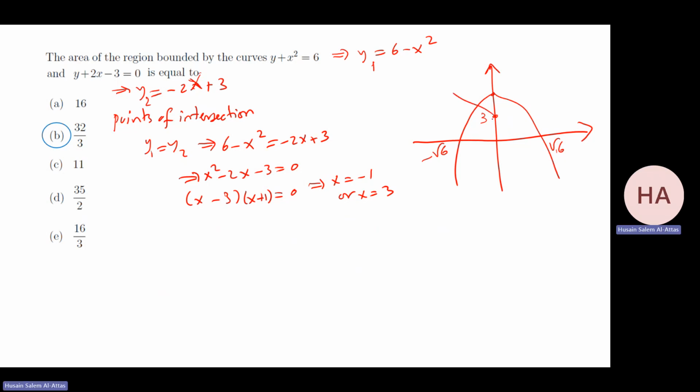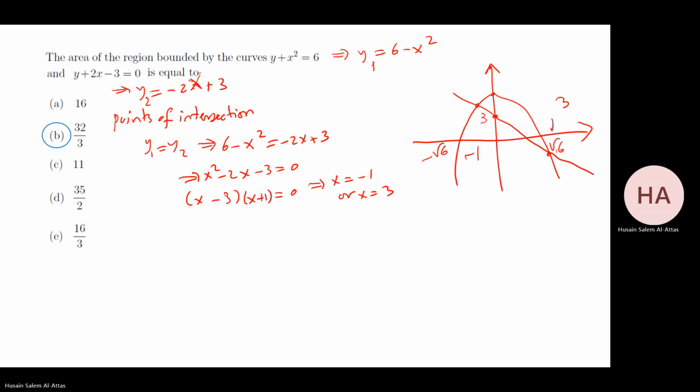So this is my line, and this is at minus 1, and this is at 3.